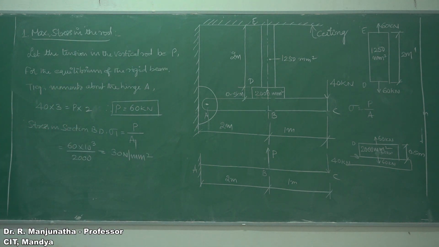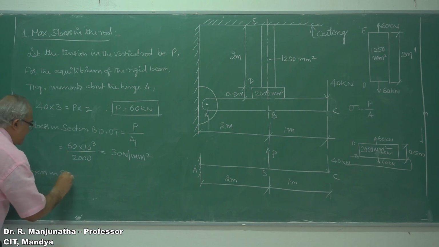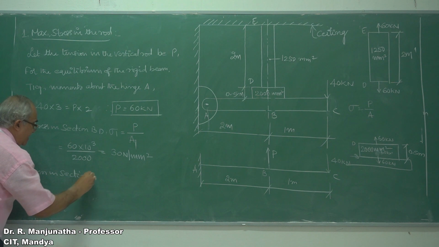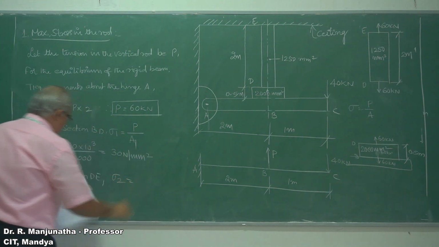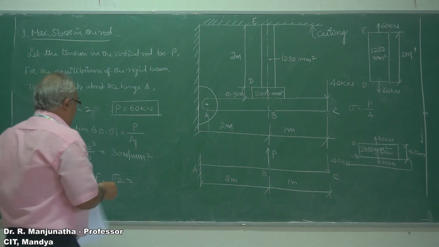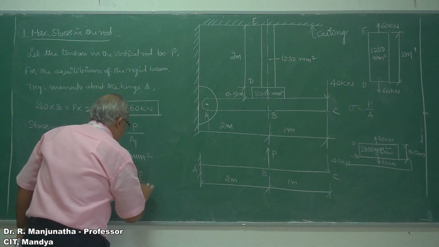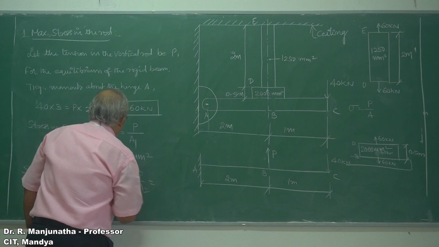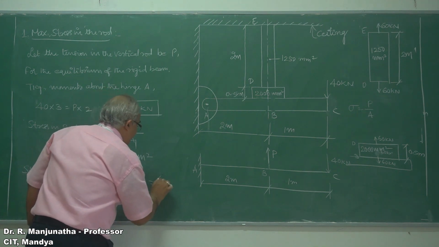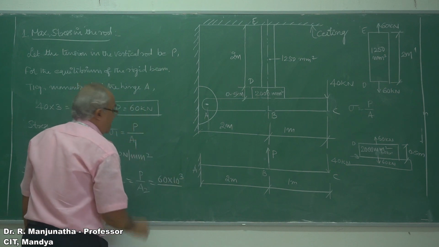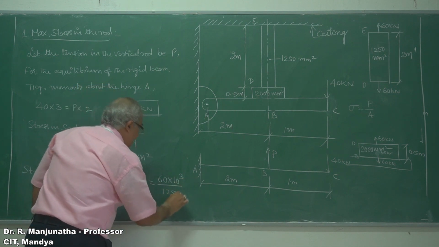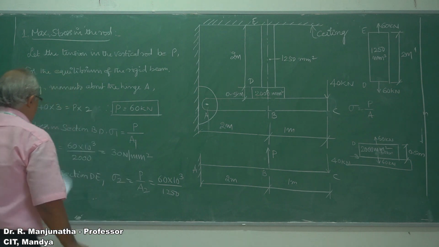Similarly, stress in section DE, which is sigma 2, will be equal to P by A2, which will be 60 into 10 to the power of 3 divided by the area of cross section, 1250 mm square.